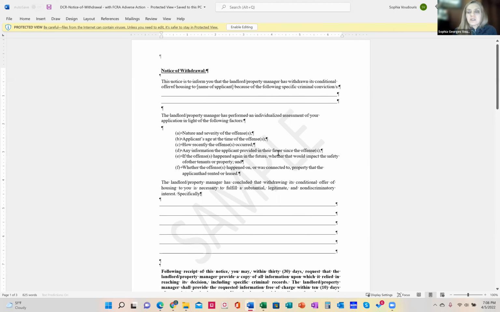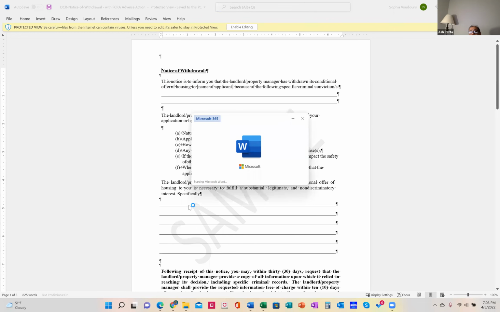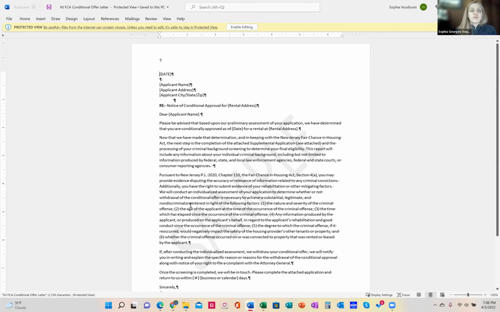Do you guys agree? I just feel that, but again, it's totally up to them. So say a tenant has a bad report or something, but you can't just reject them. You've got to give them an opportunity to explain themselves.